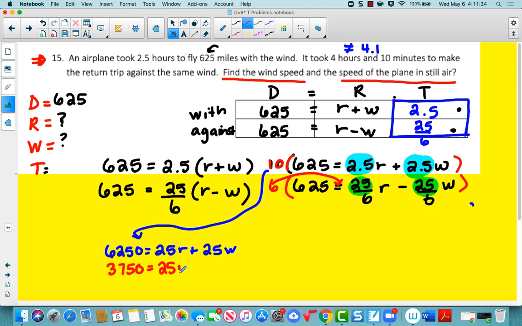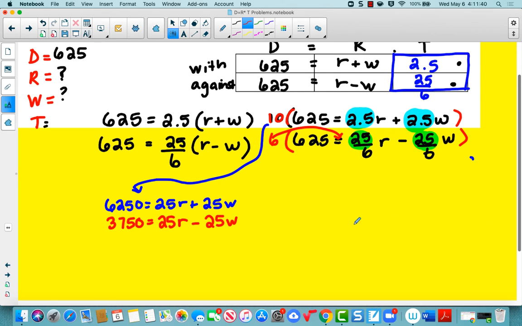So I get 25R minus 25W. Now you can see this beautiful system. That simplification makes it easier for you. I'm not trying to make it harder. I want to make this easier because now the system's set up beautifully.